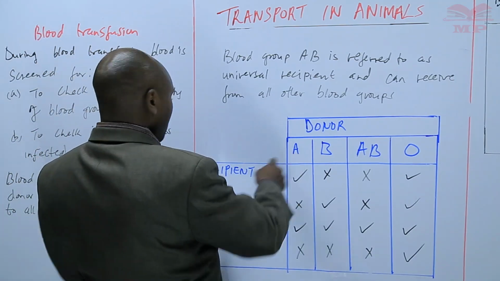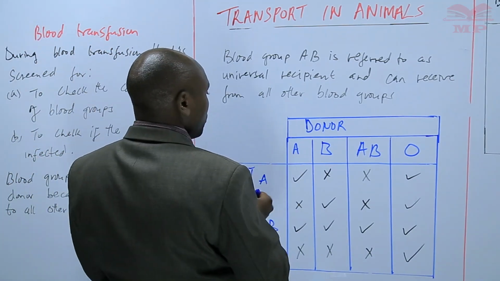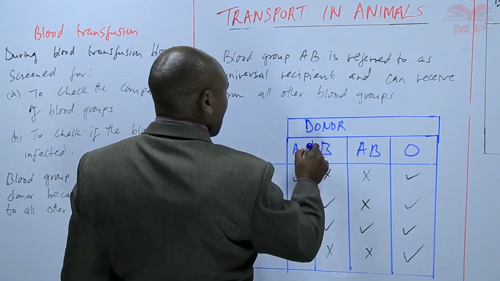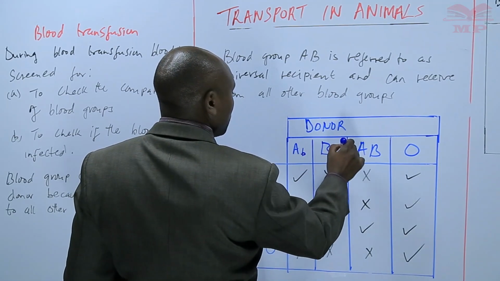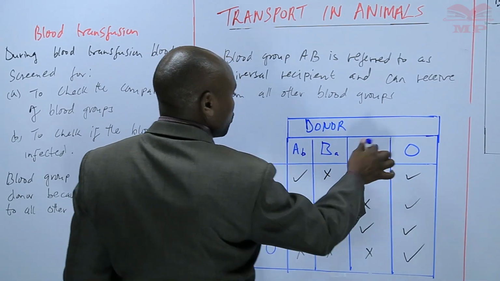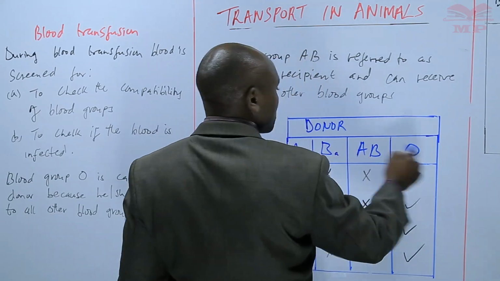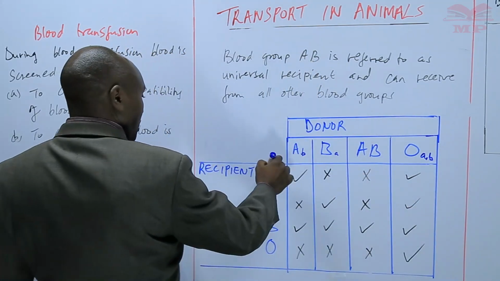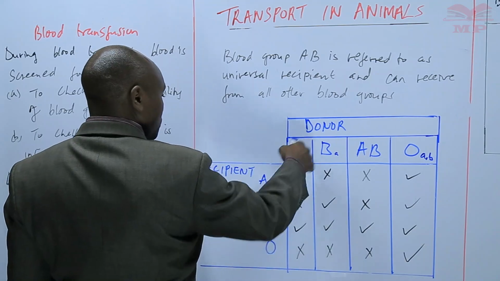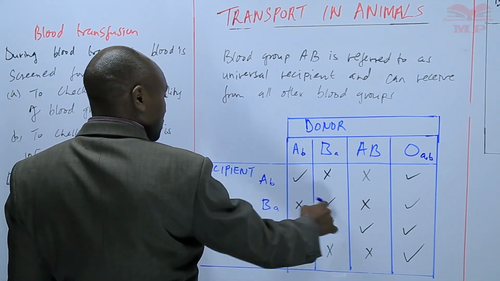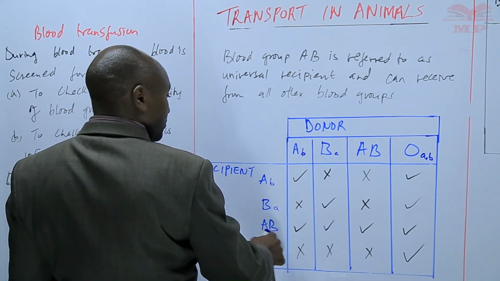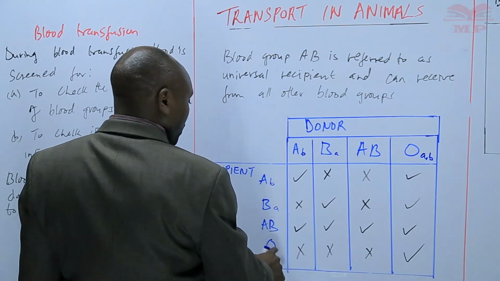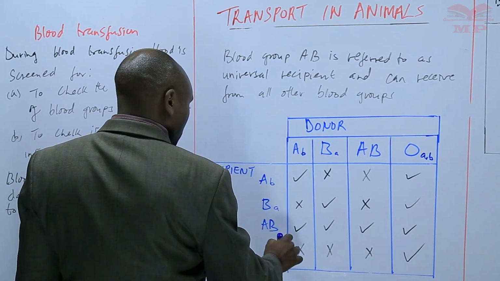So if the antigen is A, the antibody is B. Antigen B, the antibody is A. Here there are no antibodies, sorry. And here there are A and B antibodies. Here the same, that's why it's compatible. AB is compatible with all of them. O is only compatible to O.